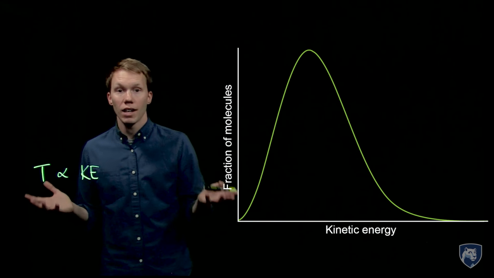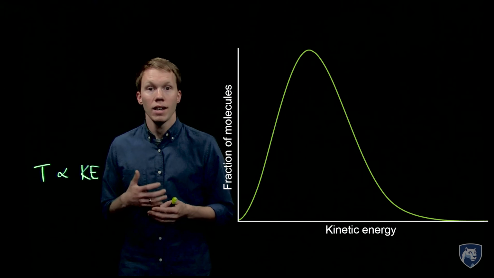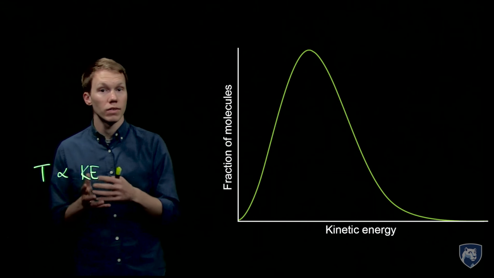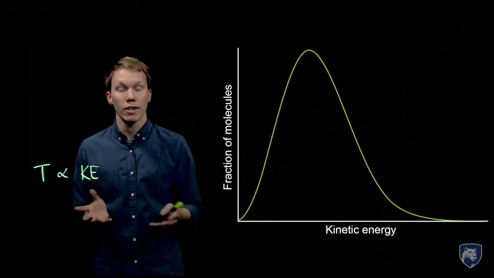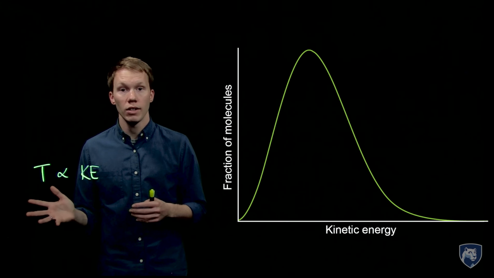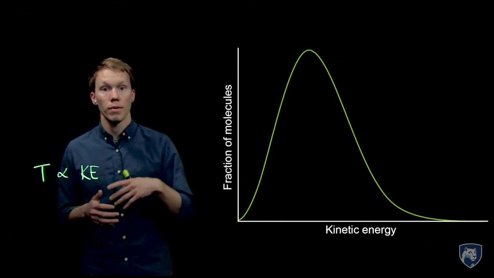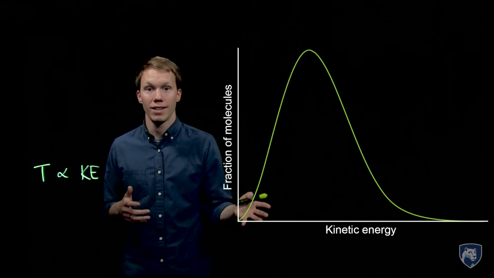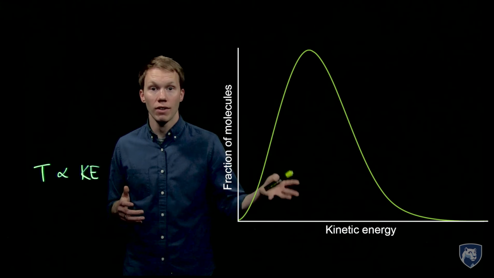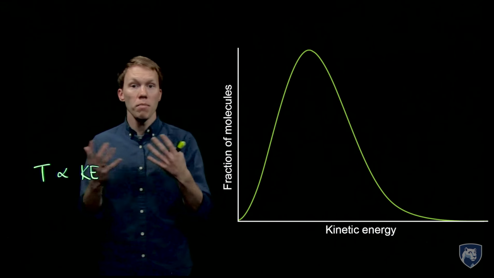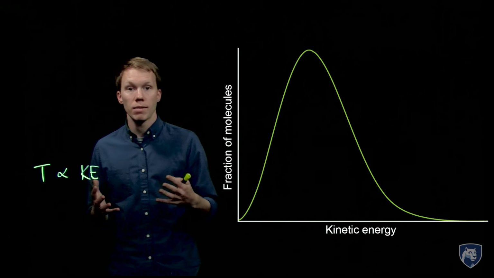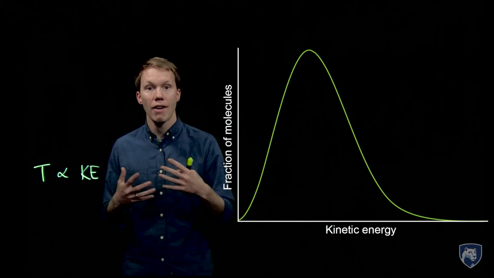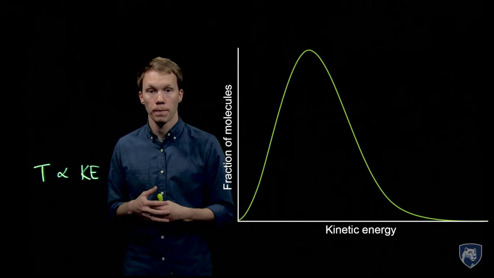And just like a classroom full of students, there might be a distribution function of energies there. Some are sleeping, they have very little kinetic energy. Some are wide awake and really excited and intrigued by the lecture topic that day, and those have a lot of kinetic energy maybe. But most of the students are just happy to be there, sitting there taking notes, and they have an average amount of kinetic energy.